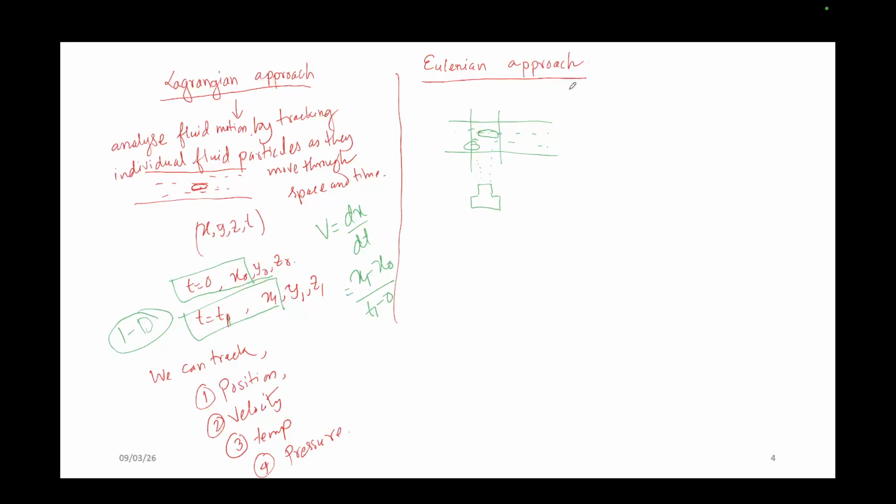So basically here we will analyze fluid flow or fluid motion by observing at fixed positions or locations in space as fluid passes through them.